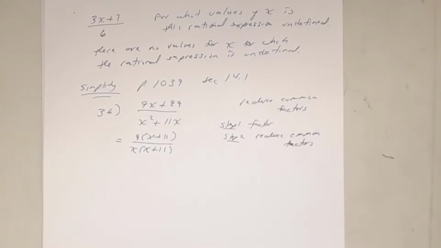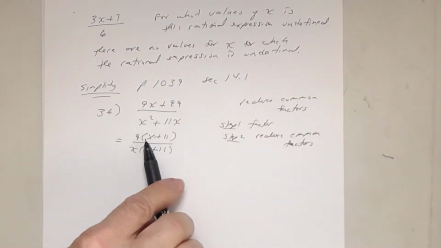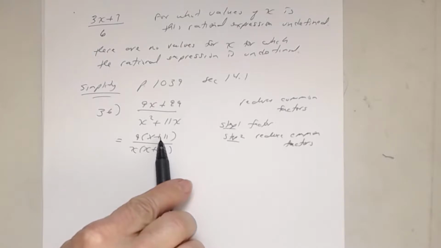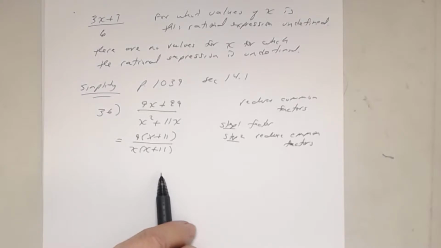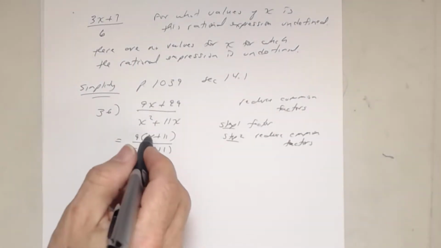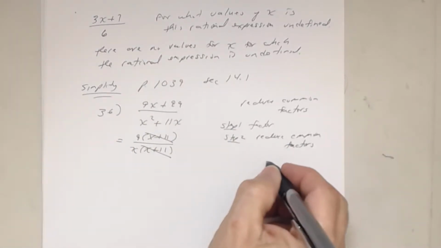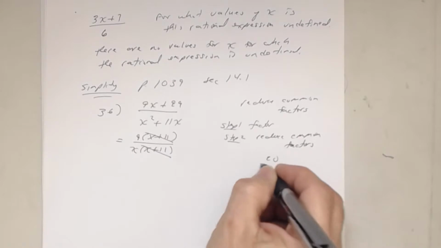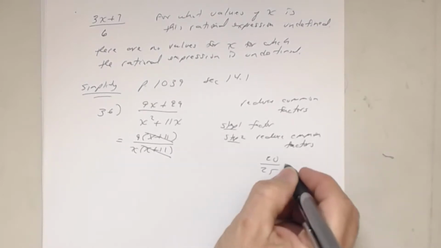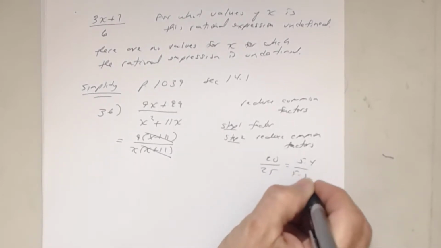In the numerator, what's the first factor listed? 9. Will 9 reduce with any factor in the denominator? No. What's the next factor listed in the numerator? x plus 11, not x, x plus 11. Is there an x plus 11 occurring anywhere in the denominator? Yes, so I can reduce that. Now remember, just like we talked about before, if I have 20 divided by 25, that's 5 times 4 and 5 times 5.